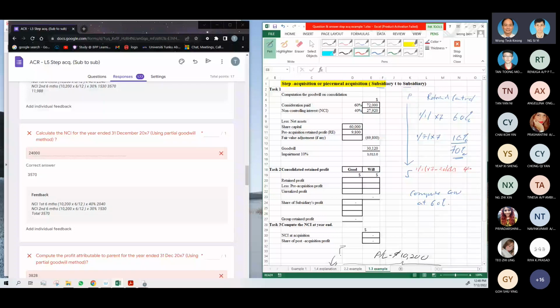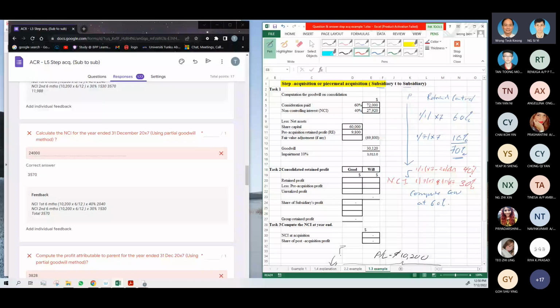But from 1st July X7 to 31st December X7, the parent bought another 10%, so NCI becomes 30%. The parent bought an additional 10% on 1st July, so from then to 31st December, NCI dropped from 40% to 30%.